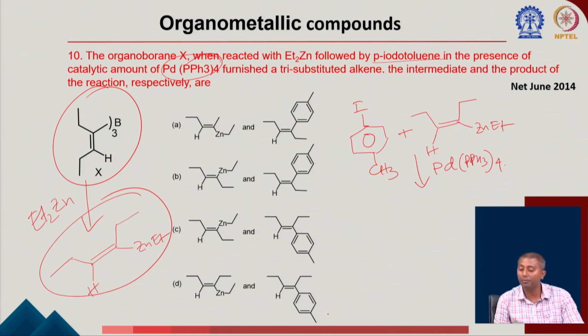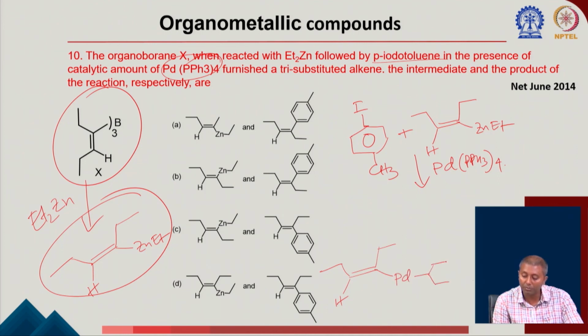So in the case of palladium, there is an oxidative addition going to happen with the aryl iodide. After that, the organozinc is going to go for the corresponding transmetallation to get to the intermediate. Let me just draw some of the intermediate for you, to generate this species, where you will have a palladium here with the organozinc.